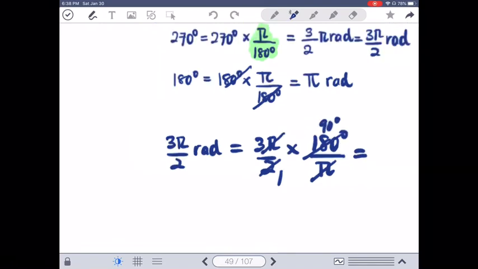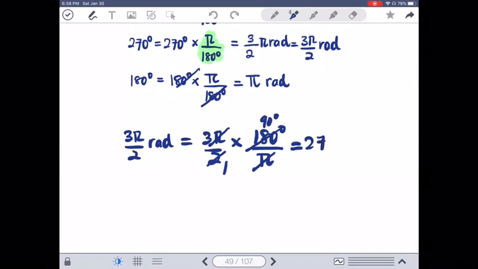So it leaves us with 270 degrees. So whenever you want to change from radians to degrees, you have to multiply by 180 over pi. One more example. Say I have pi over 4 radian.